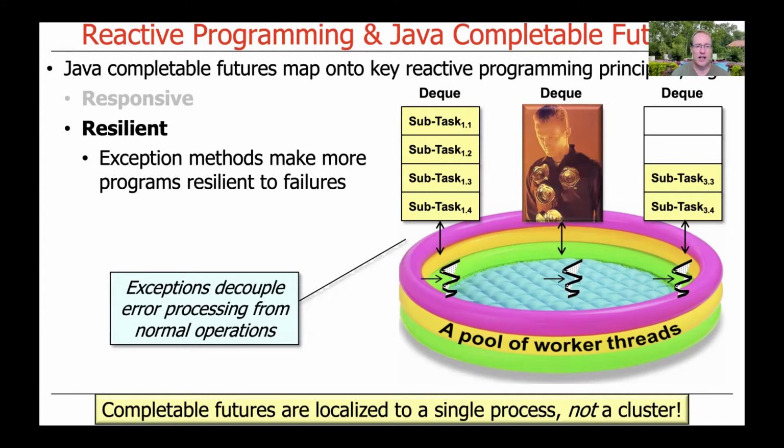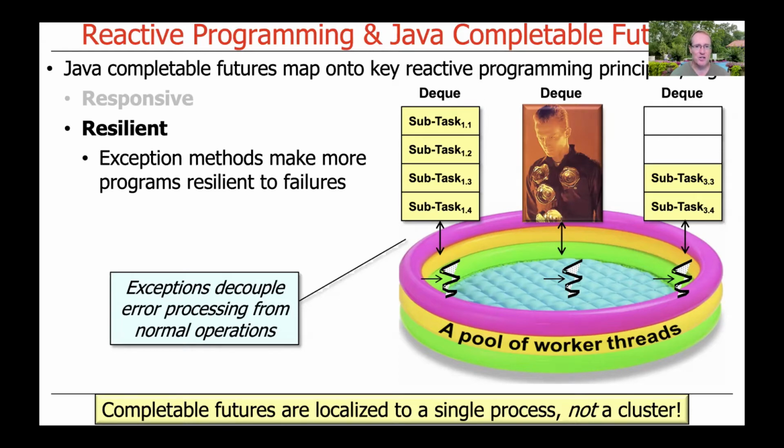In terms of resilience, which is designed to make the program continue to operate even if some operations fail, the way this works under the hood with the Completable Futures framework is by the so-called exception methods. These exception methods are designed to decouple the error handling from the normal operation processing.